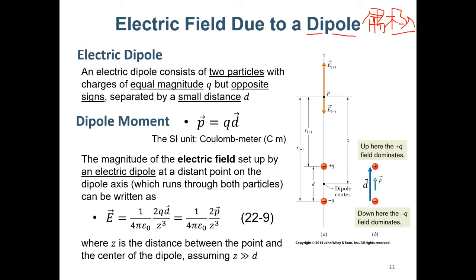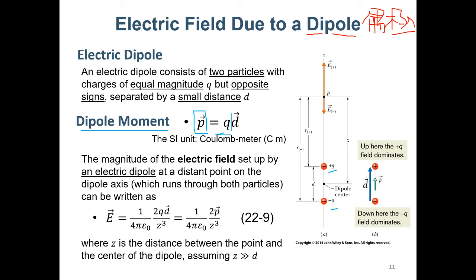So actually we'll define the dipole moment called P, which is also a vector, and it is equal to the charge Q and the distance.